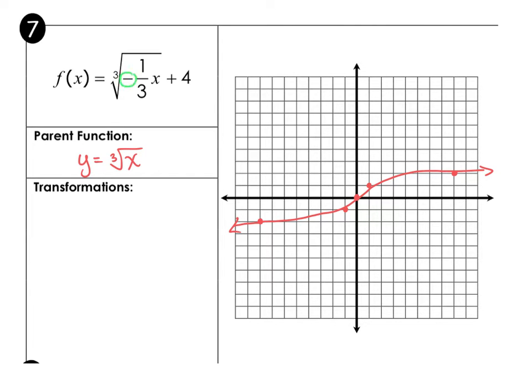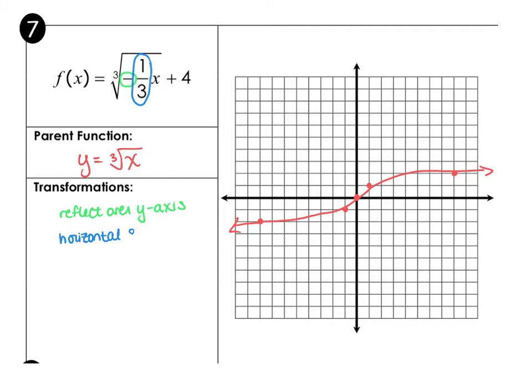So the first thing that I see here is this negative. What that's going to do, because it is inside that cube root function, is affect my x values. So that is going to reflect over the y-axis. The 1/3, again, because it's inside, it's affecting x, so it's a horizontal change.